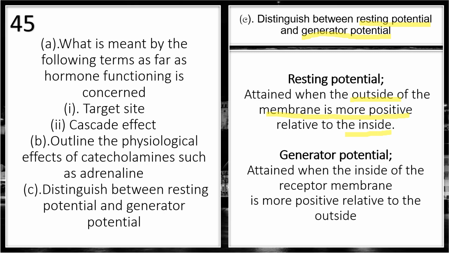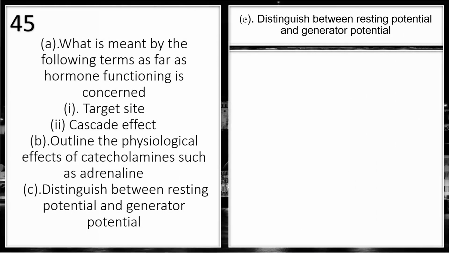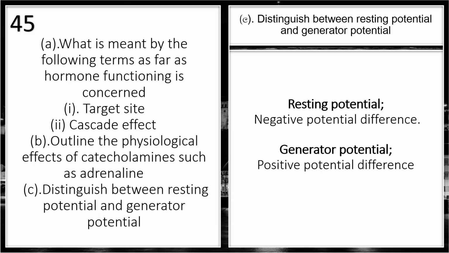Generator potential: attained when the inside of the receptor membrane is more positive relative to the outside. Resting potential, negative potential difference. Generator potential, positive potential difference.